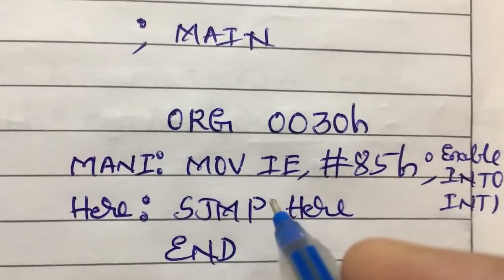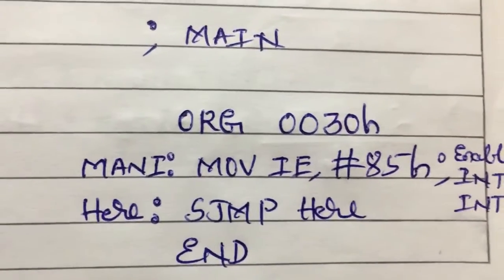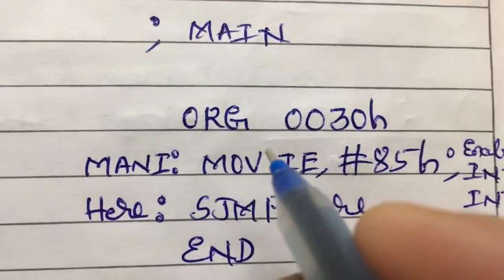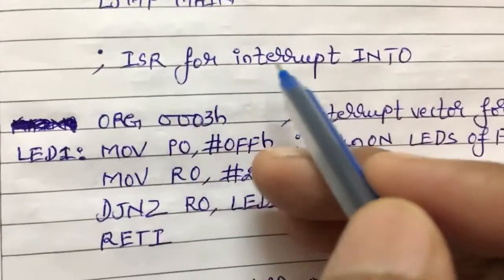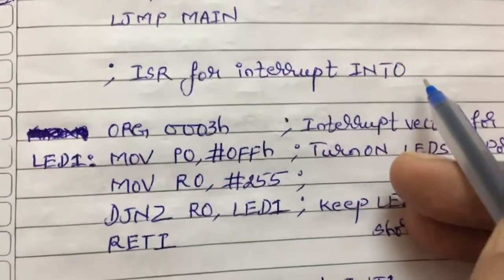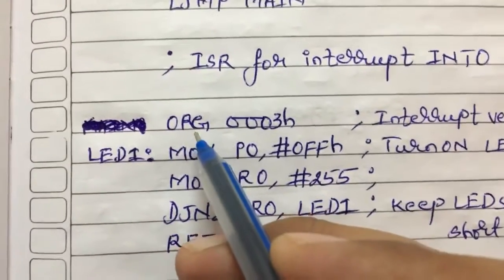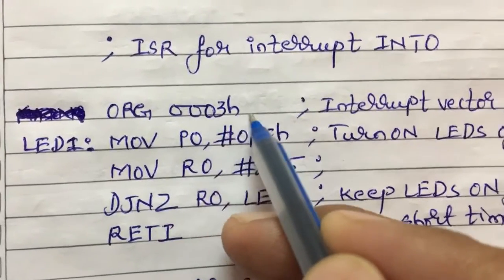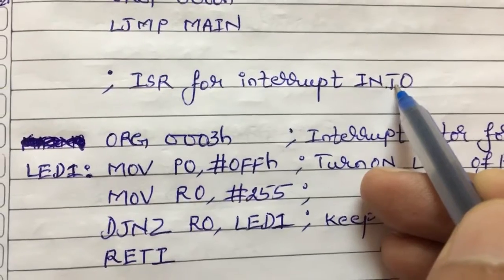As I said, pin 3.2 is with respect to INT 0. If I press pin 3.2, which interrupt will be activated? INT 0. So we have written the ISR for INT 0. The first instruction is ORG 0003H, the vector address for INT 0; you can refer to the IVT table.